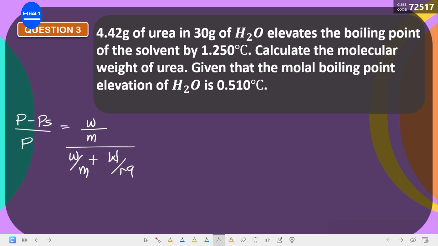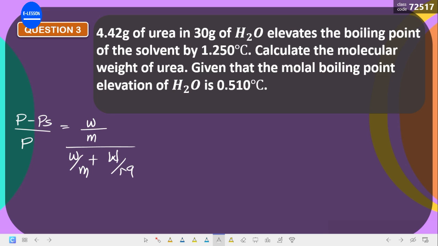P is the pressure of the pure solvent. Ps is the pressure of the solution. And then w over m is the number of moles of the solute, and capital W over capital M is the number of moles of solvent.